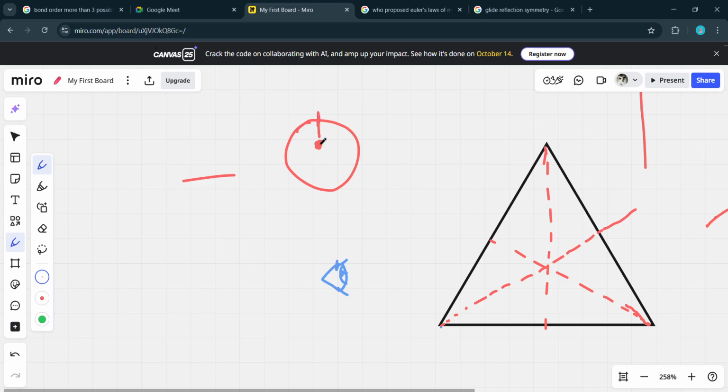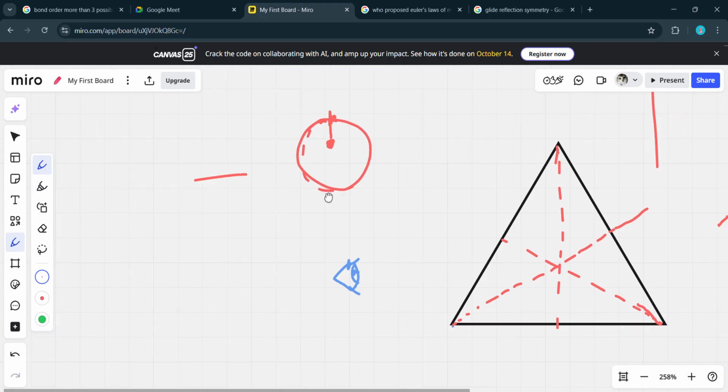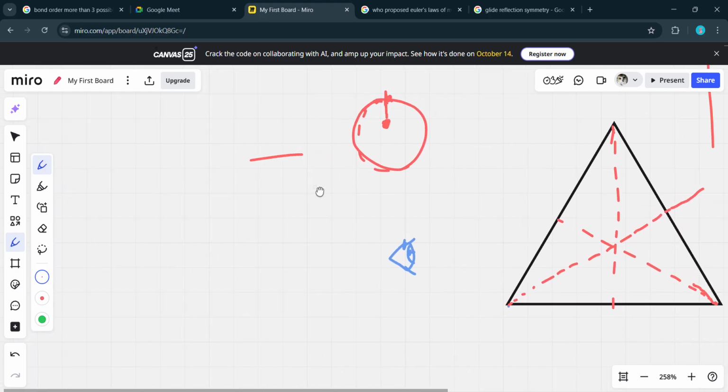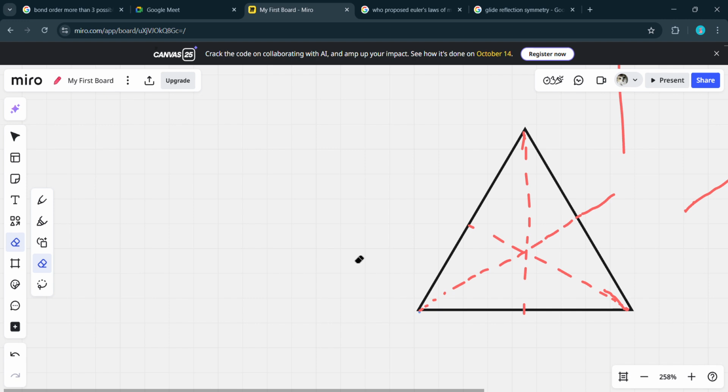You start from here, go around, and come back to here. It is 360 degrees. One complete rotation is always 360 degrees. I hope you have learned it in your previous classes. So let me just wipe this. I don't need it anymore right now.